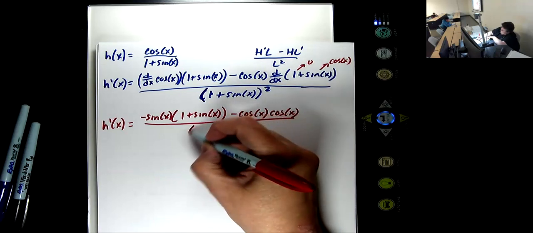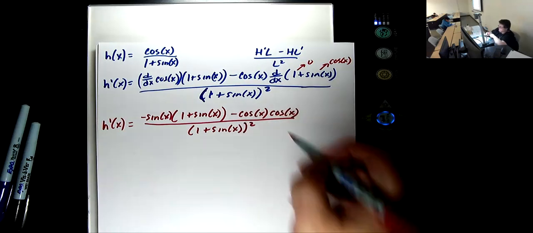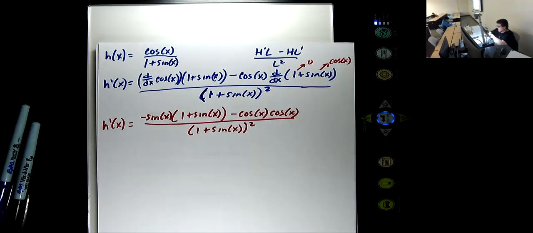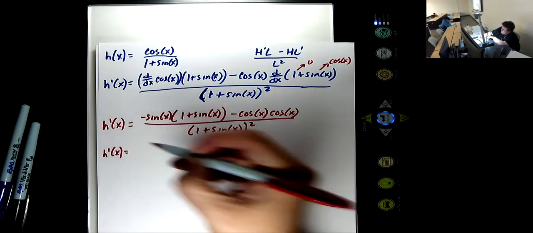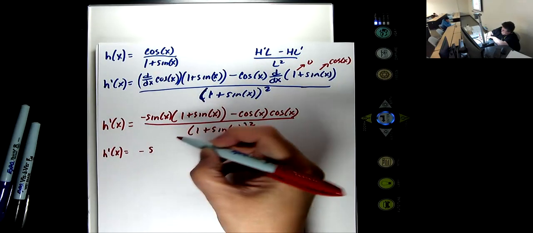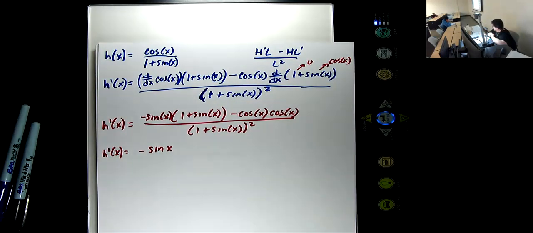All over 1 plus sine x squared. Now I didn't like leaving it there. So I had h prime of x equals negative sine x. It feels like I made a mistake in my notes.